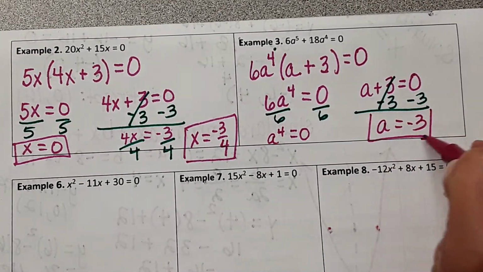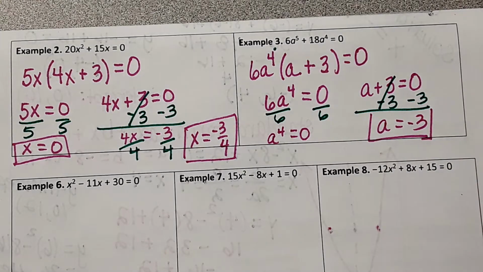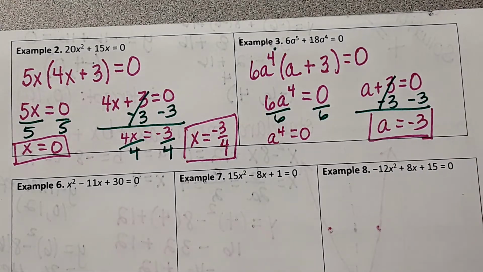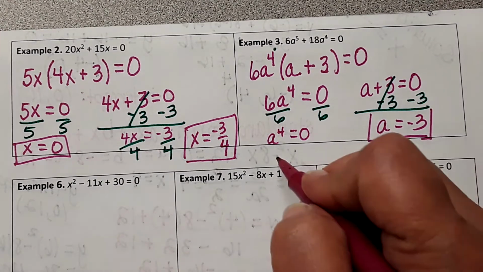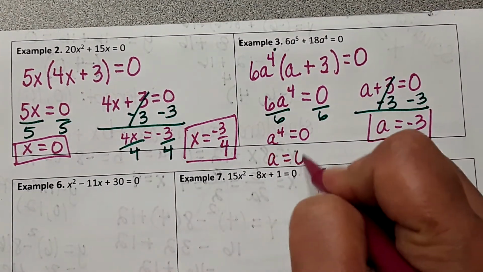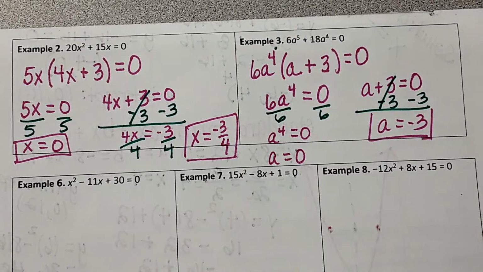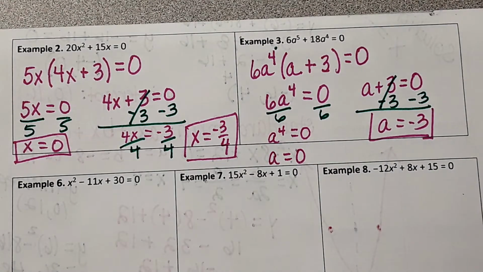The reason I left a to the 4th is because you really have to take the 4th root of a to the 4th. Well, it just so happens to be that a to the 4th equals 0. What number times itself equals 0? It would be 0. So a equals 0.